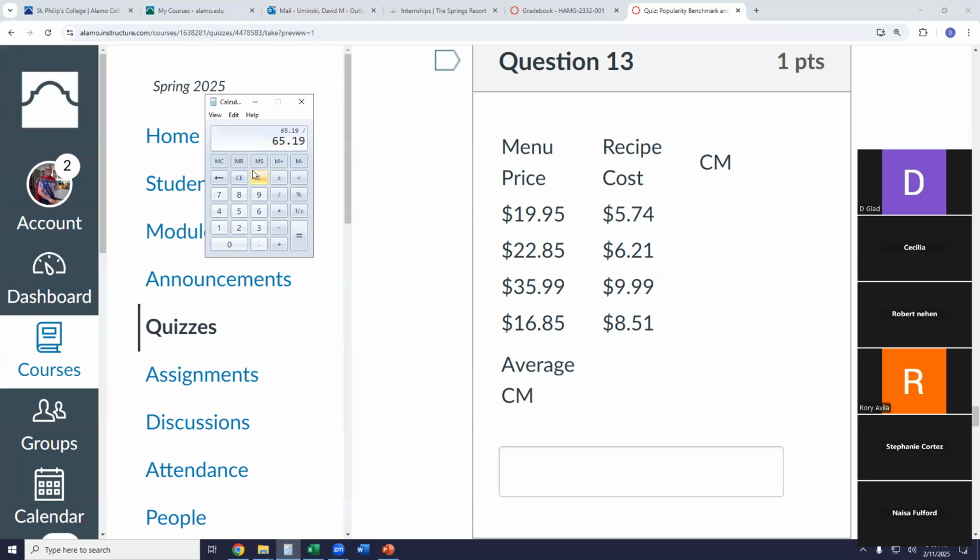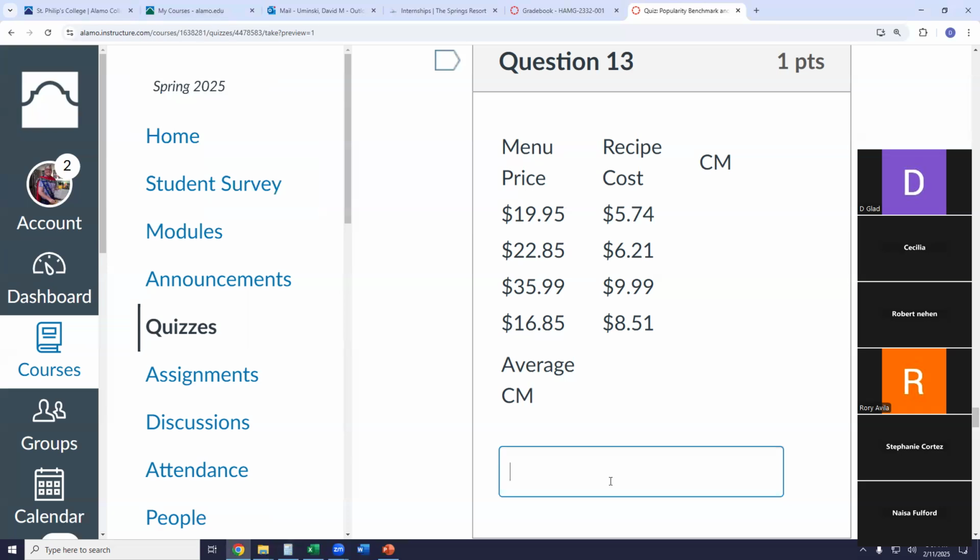There's 4 items. I have 4 items. So my average contribution margin is 1629 or 1630. So what number did you come out with? I came up with 6519 as my total contribution margins. Okay, now this is what I did.